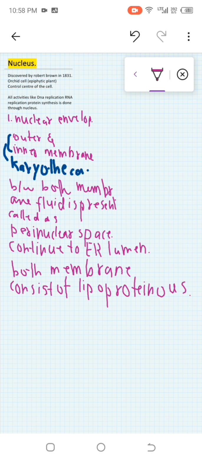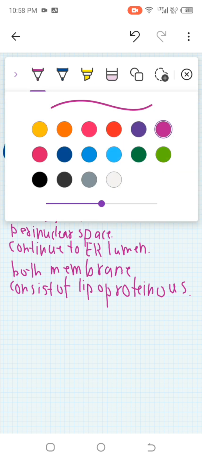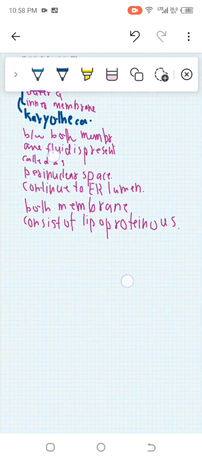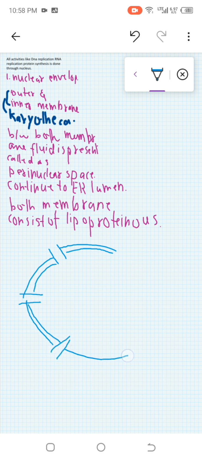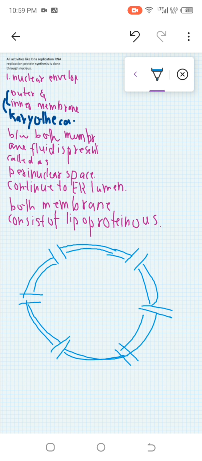Now in the nuclear envelope, here I'm gonna draw the structure. Like this.